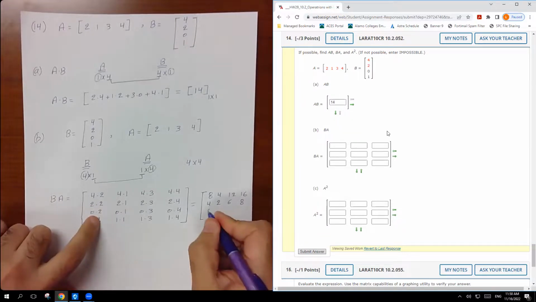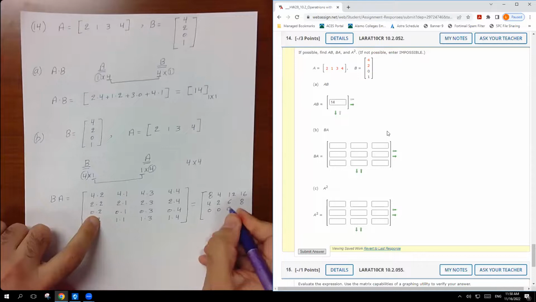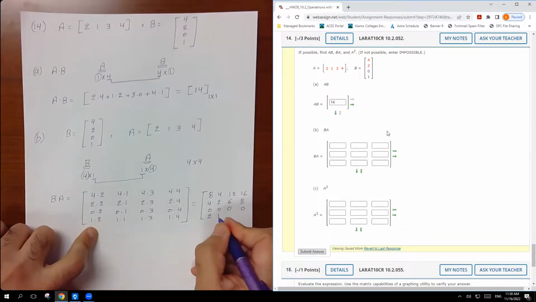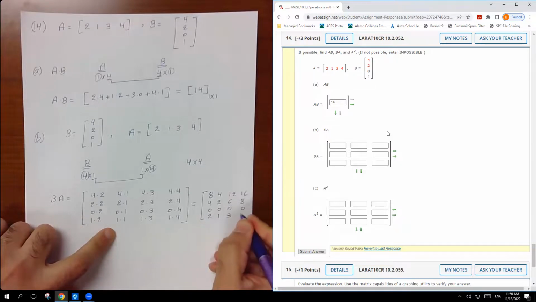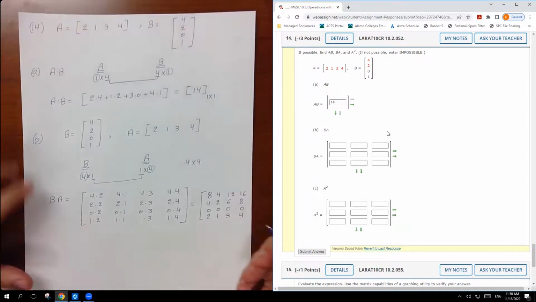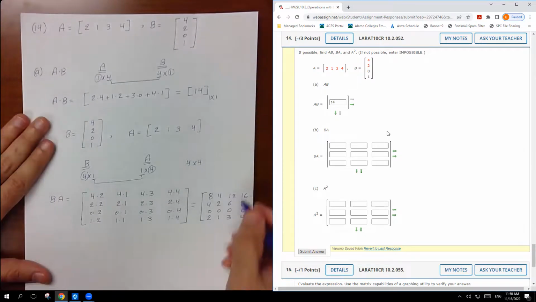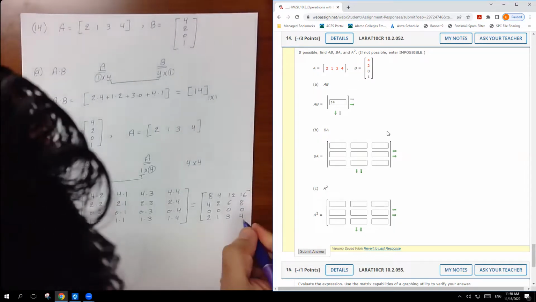Then it's going to be 0, 0, 0, 0. And here is going to be 2, 1, 3, 4. That's it for this example. So you have to close the bracket from here.